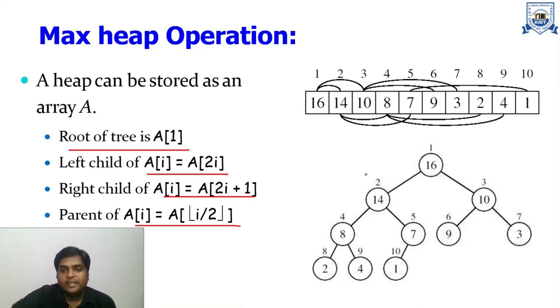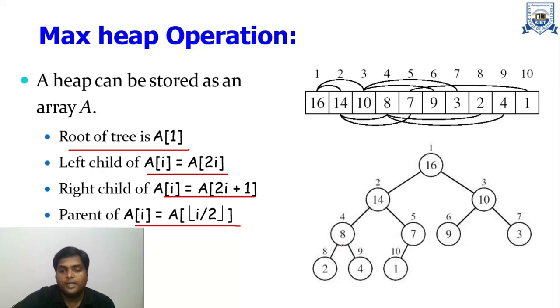If we are talking about any node, let's suppose this node, 2, what are the left child and right child of this node? It can be easily identified via a formula. The left child of ai is a of 2i. That means the left child of 2 is a of 2i, that is 4. So what is the left child of 14?